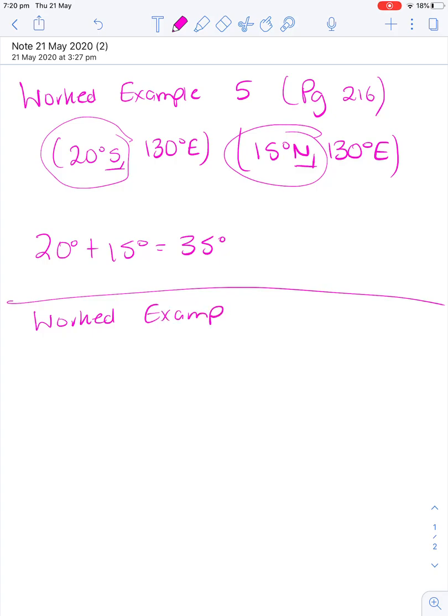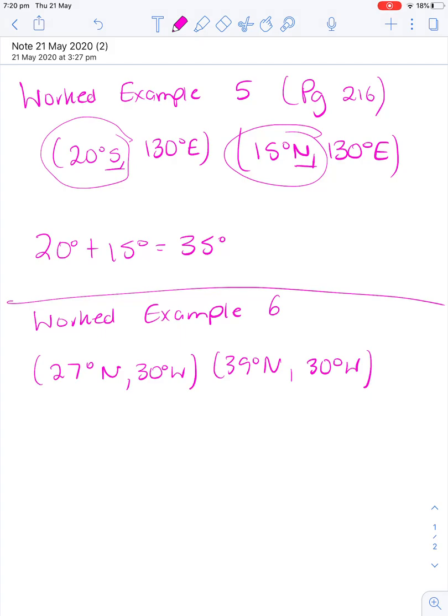Okay, there's a little extra bit added to this one. All right, now they've given us two sets of coordinates. Okay, the only difference with this one is they're asking us to calculate the distance to the nearest kilometre.